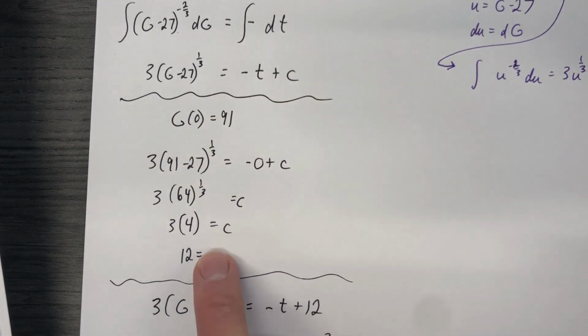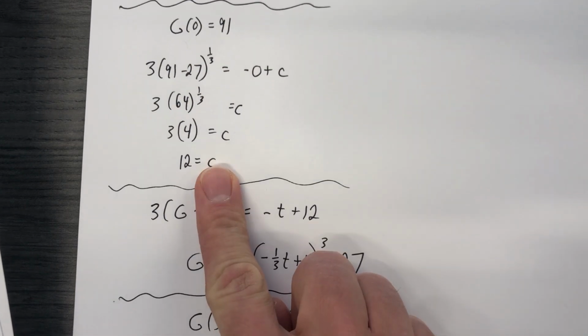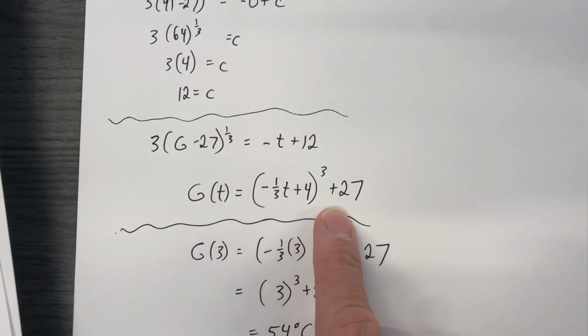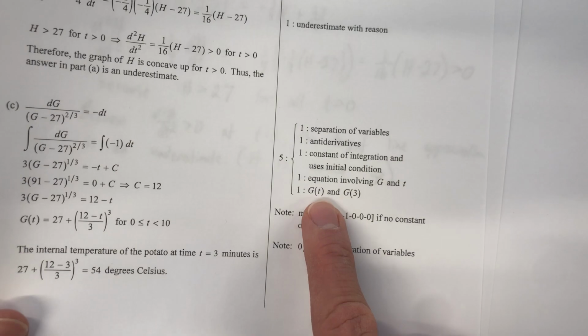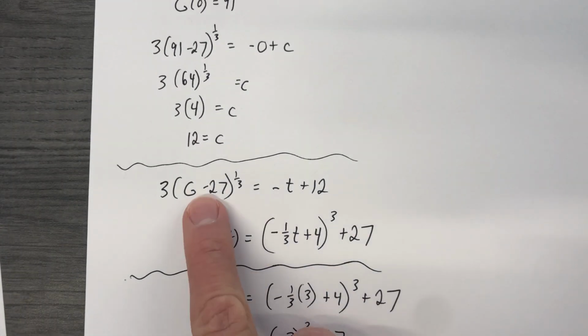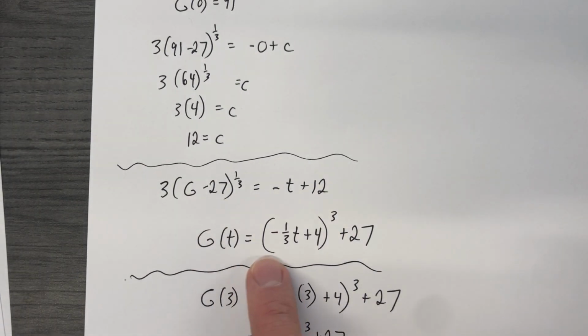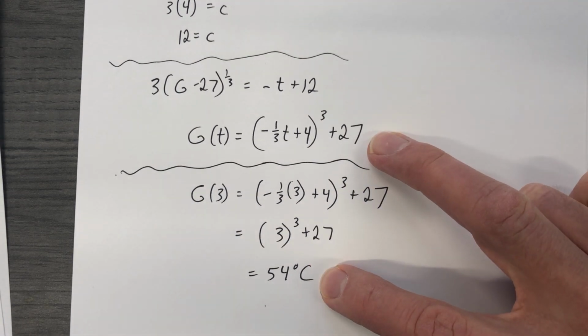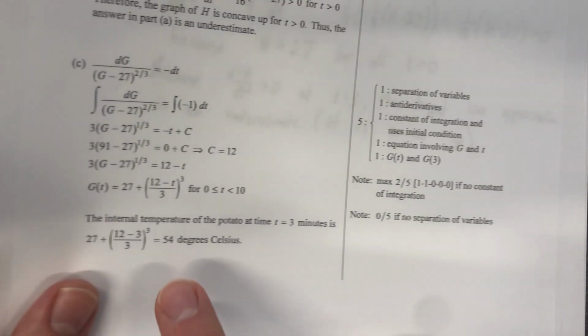I did, got that. And then I need the equation involving G and T, which we got right here. And then we got G of T and G of 3. Well, the equation involving G and T, which I think we could get credit for this. And then another point for this one that corresponds to that right there. And this is correct. 54 degrees Celsius is correct.